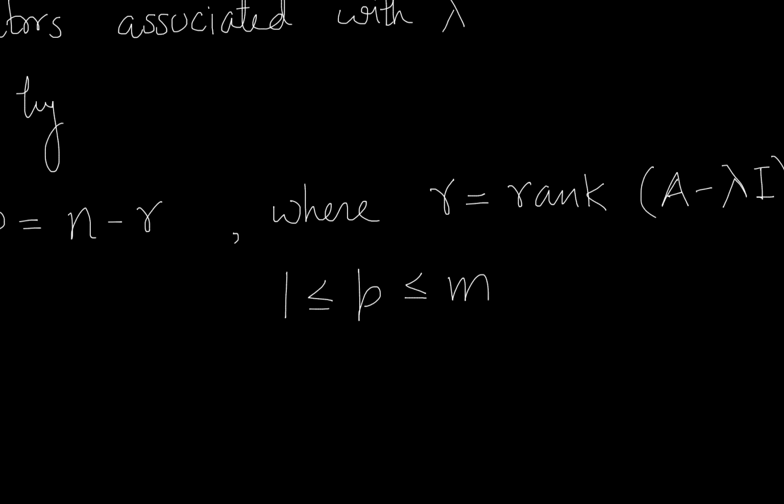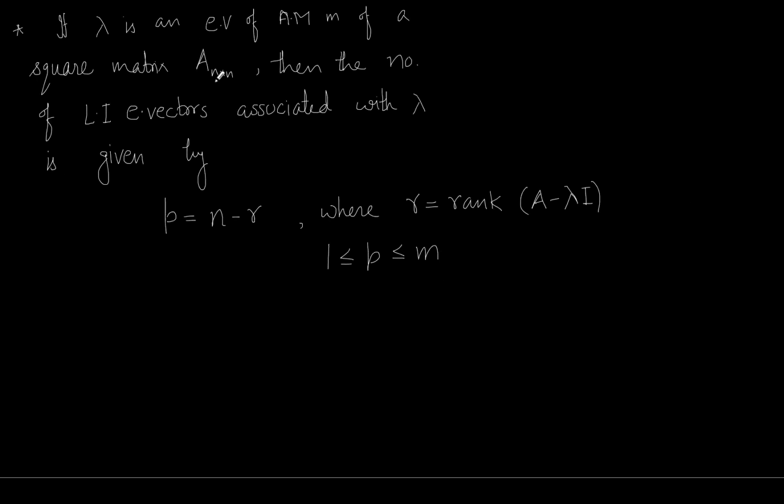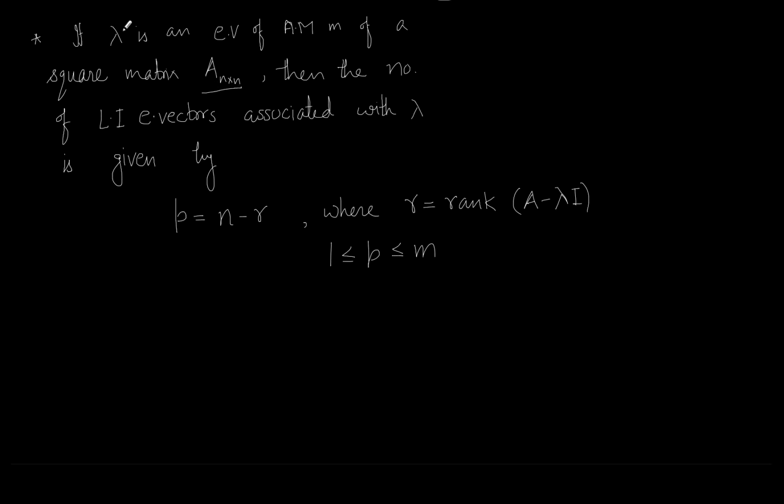So this remark says that if you have a square matrix A of order n whose eigenvalue lambda has algebraic multiplicity m, it has n minus r linearly independent eigenvectors, where r is the rank of the matrix A minus lambda I. That means for the eigenvalue lambda corresponding to which you have to find eigenvectors, just put it here and you can find the rank.